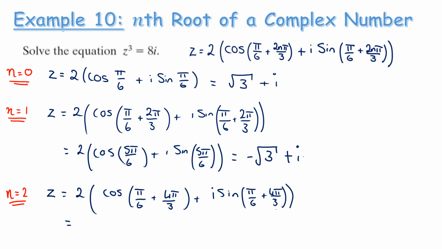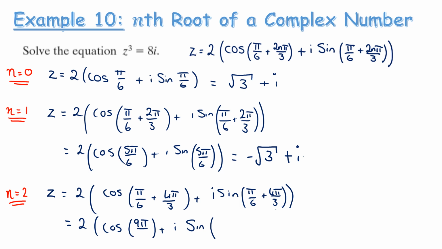And cleaning that up, we get 2 cos of 9 pi over 6 plus i sine, oh, I should actually simplify that.